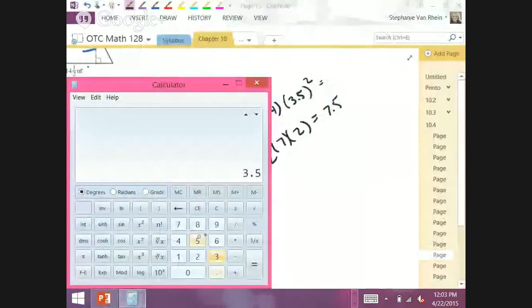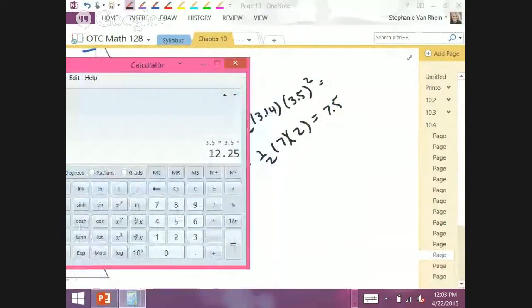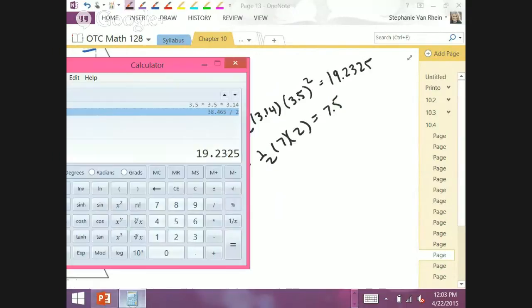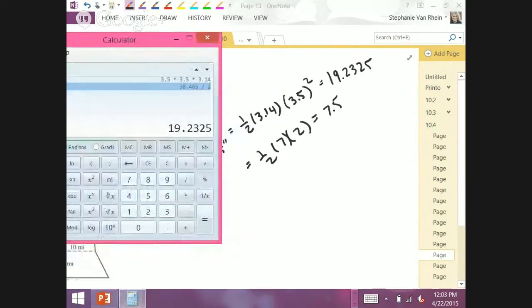I do 3.5 times 3.5 times 3.14, then divide that by 2, 19.2325, assuming I hit the right sequence of buttons in this calculator.